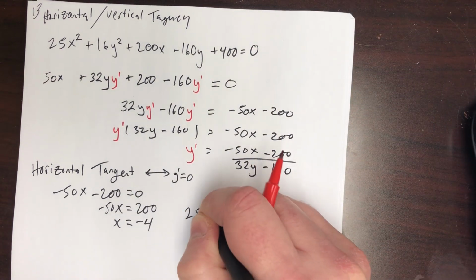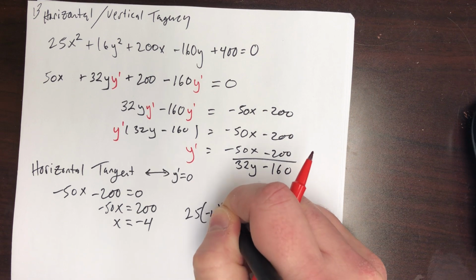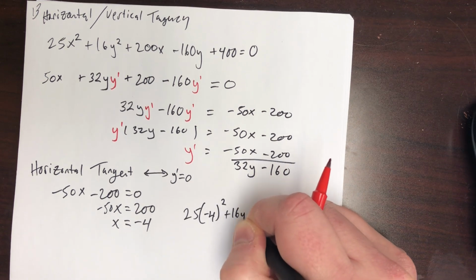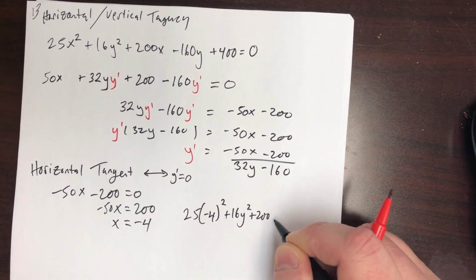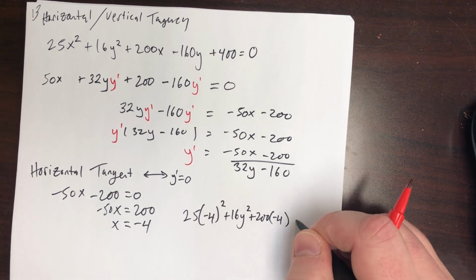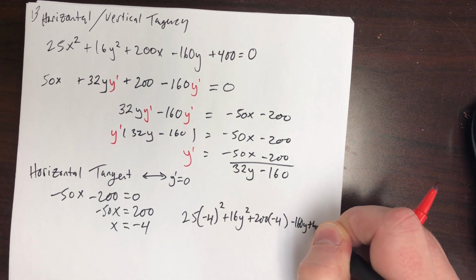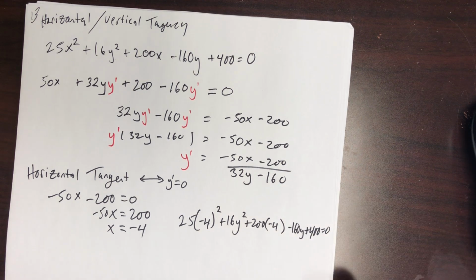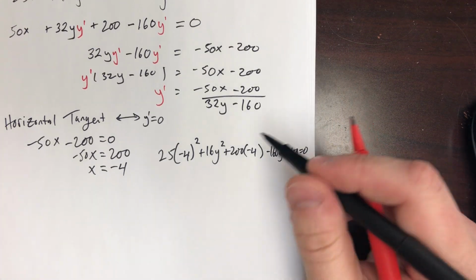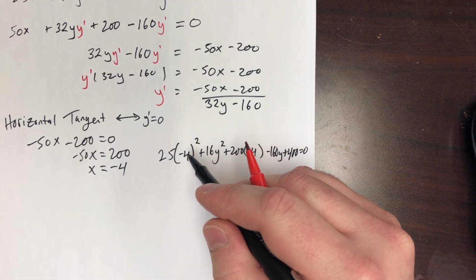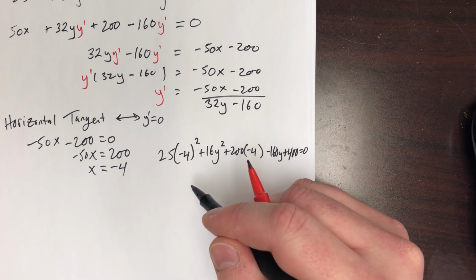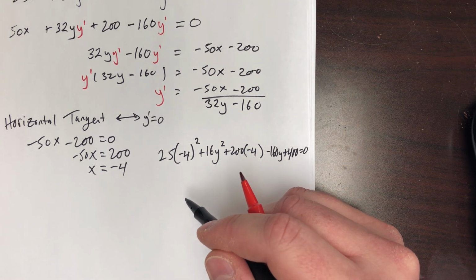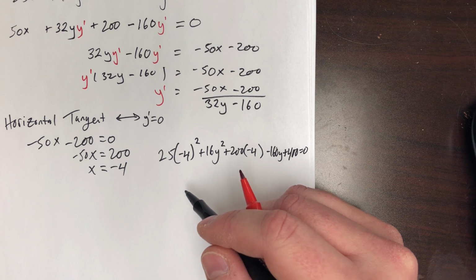So 25 times negative 4 squared plus 16y squared plus 200 times negative 4 minus 160y plus 400 equals 0. All right, we just got to do some algebra here. So negative 4 squared is 16. 25 times 16, that's 16 quarters, right?